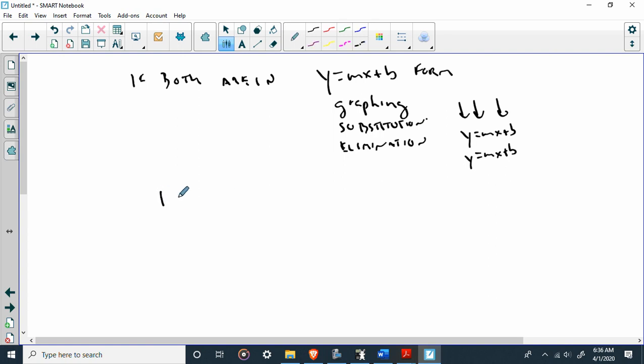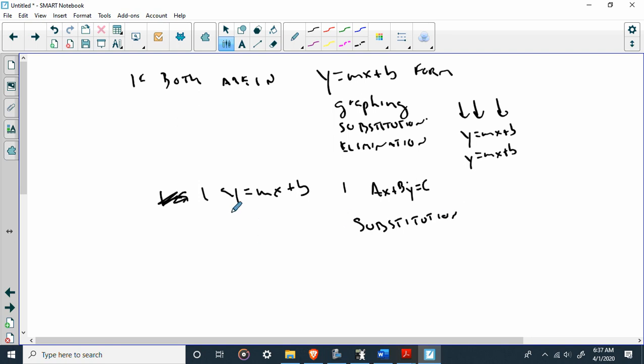If one is in slope-intercept form, and one is in standard form, you really want to do substitution, right? Because why?